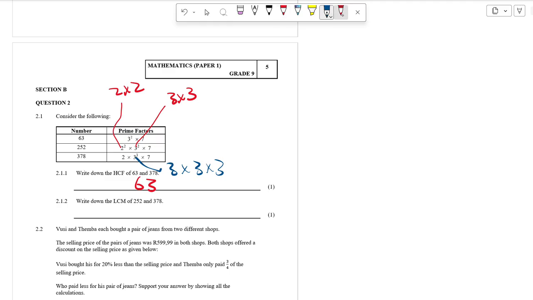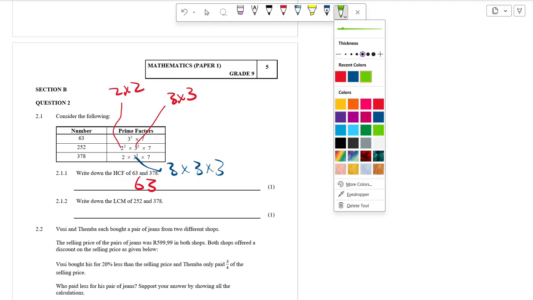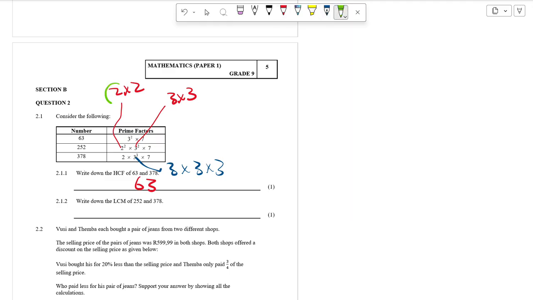Okay, so let's start. We have 2. We also have 2. So we copy 2, multiply by 3, we also have 3 here. We have 3, we also have 3, so multiply by 3. We have 7, we also have 7, so multiply by 7. What is left? We are left with 2, so multiply by that 2.